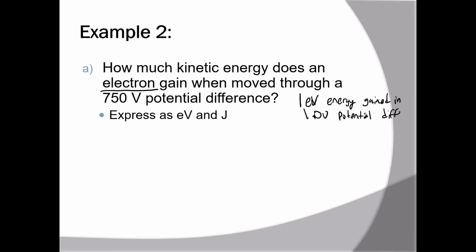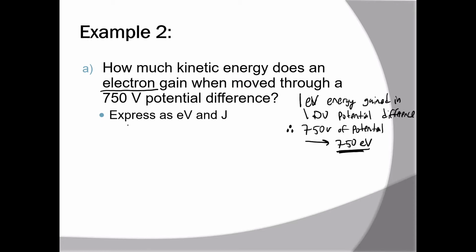So if I have a potential difference of 750 volts, it makes sense that this would equate to 750 electron volts, right? Because for every volt of potential difference, an electron will gain 1 electron volt of energy. So going through 750 volts, my electron would gain 750 electron volts worth of energy.